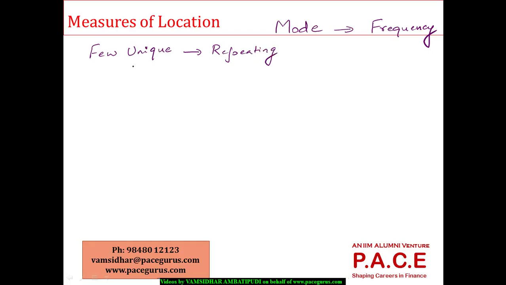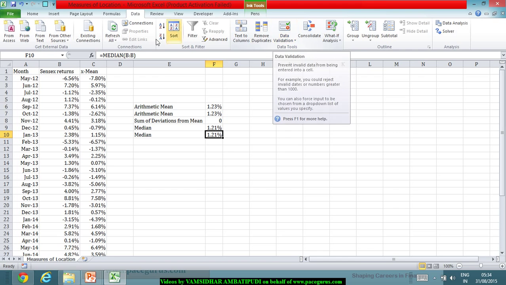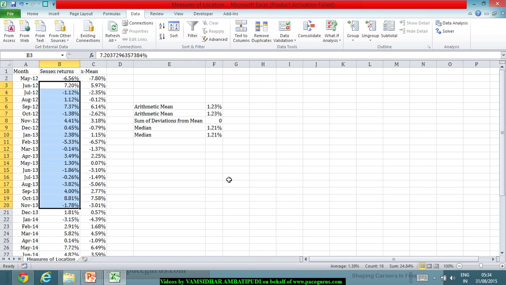But if the data has very few repeating values, every value repeating hardly once or twice, like our data here, I don't have any value that is repeating. So the mode, whatever we compute, hardly has any practical significance.